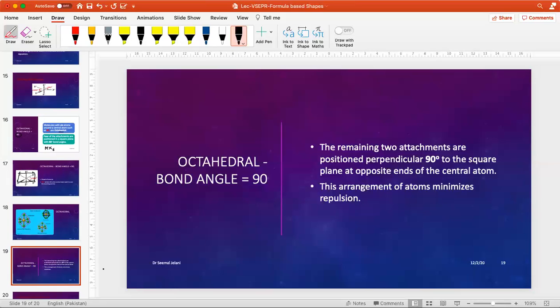This arrangement of atoms minimizes repulsion. What is the main objective of having these shapes? These attachments must be at a distance at which the repulsion is minimized. So you have to keep minimum repulsion, right?